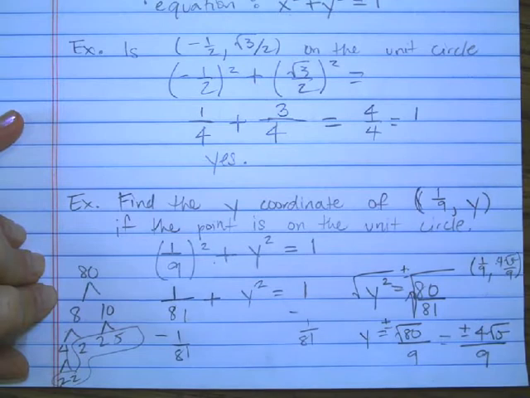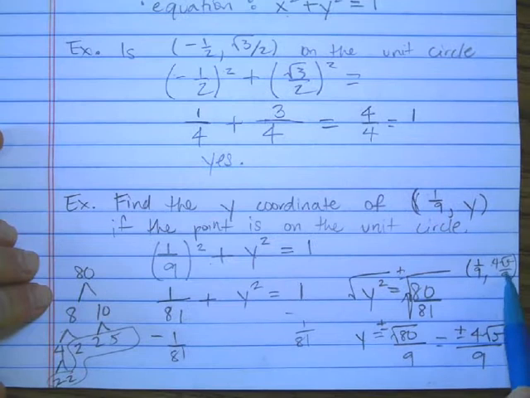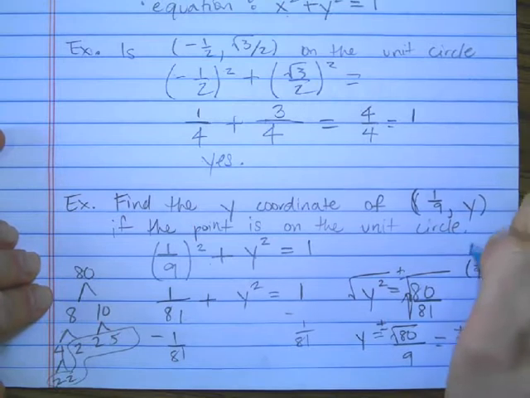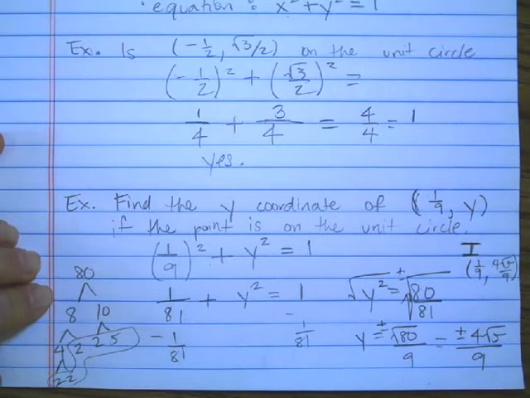What quadrant is that going to be? Well, plus or minus. So if I use the positive one, which quadrant is this in? Positive and positive would be in quadrant what? Top right. 1. If they're both positive, it's going to be in quadrant 1.